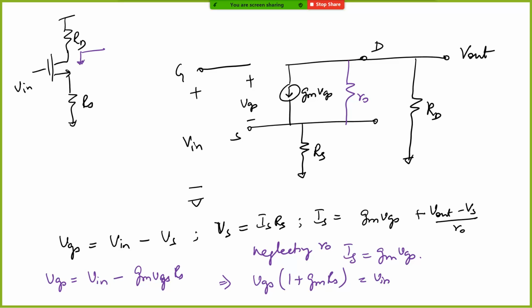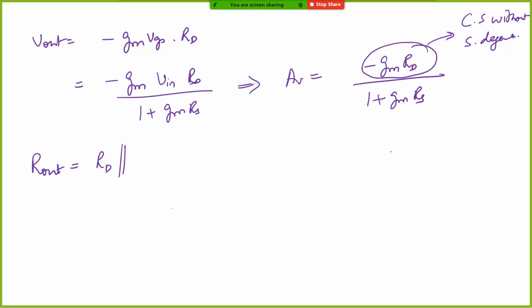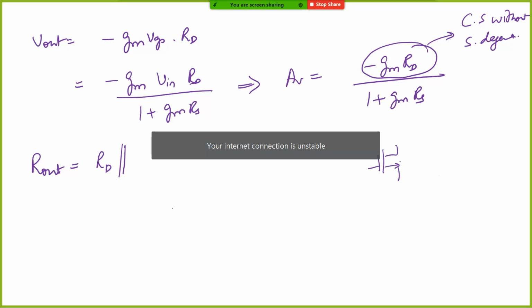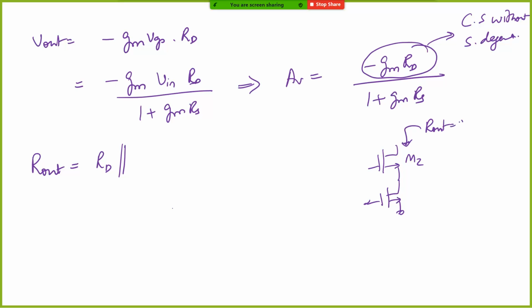In the case of a cascode, you remember when we did current sources, we said we have M2 and M1, and the output impedance is nothing but R01 plus R02 plus Gm2 R02 R01. In other words, you can think of it as M2 transistor with R01 at the bottom, and what you see here is this impedance plus Gm, the gain of this, into R01.